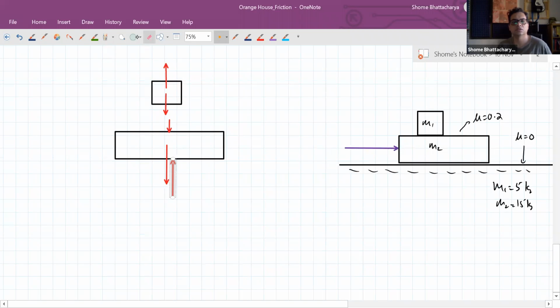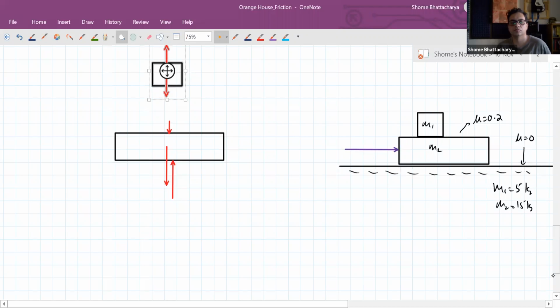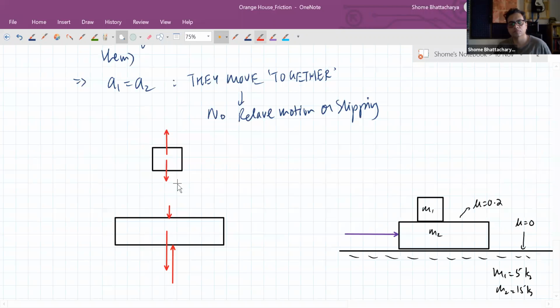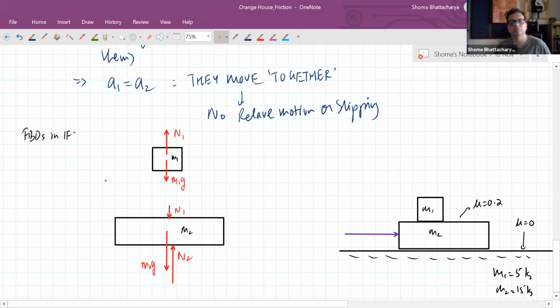These are the vertical forces. So these are just the vertical forces so far. We're making it an inertial ground frame.